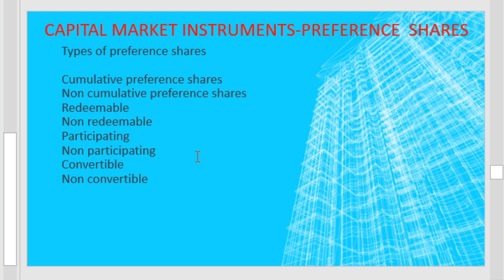Non-redeemable shares cannot be redeemed during the lifetime of the company. Participating means they can participate in sharing the surplus profit; non-participating means they cannot. Convertible preference shares can be converted into equity shares; non-convertible cannot.